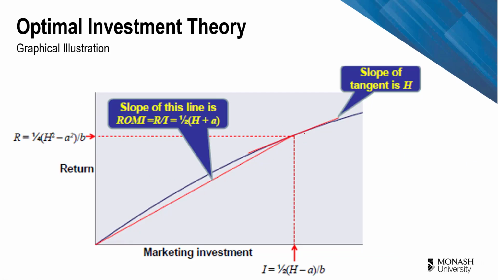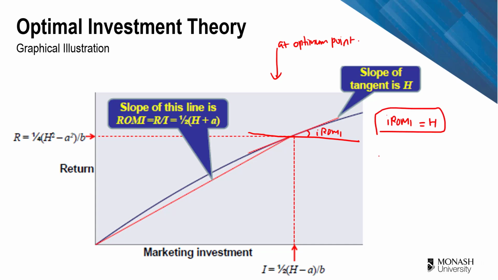So what we can see from here is that this is showing you at optimum point. Now at optimum point, your IROMI, okay, I'm just going to show you here, your IROMI will be equal to your H. So this will give you an optimum investment.